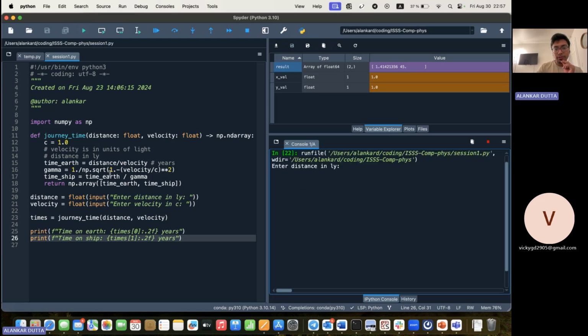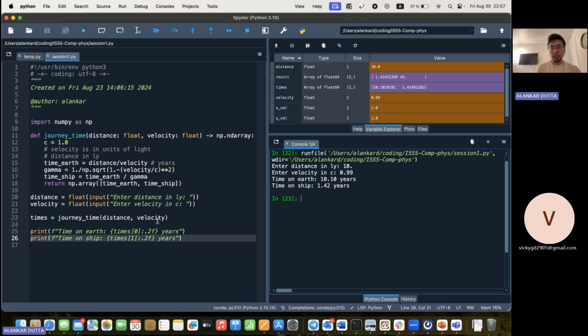Let's start with this. This is distance in light years. Let's see what the question says. It says they're 10 light years away, so distance is just 10. And the velocity is 0.99. You see here that the time on Earth is 10.10 years, while the time on the ship is 1.42 years.